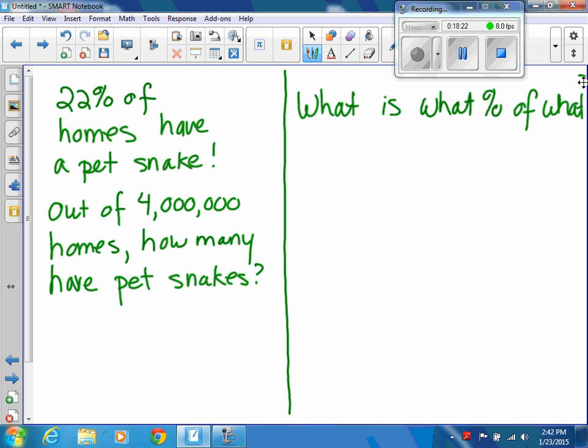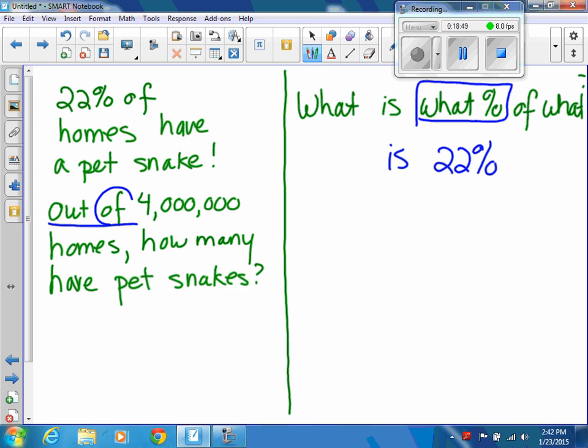Okay. So it says, how many homes have pet snakes? So I'm kind of looking at, I need to know what is 22%. There's my thing. I know this, right? So let's fill in what we know. My what here, this is 22%. We know that this is my is. Still going to be that. And it says here, out of.